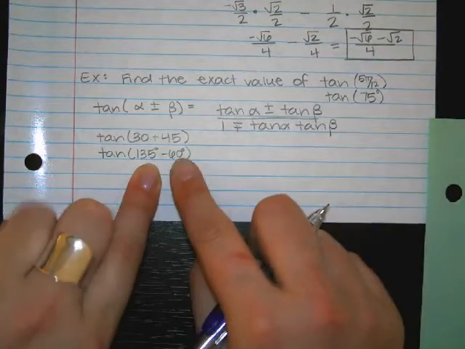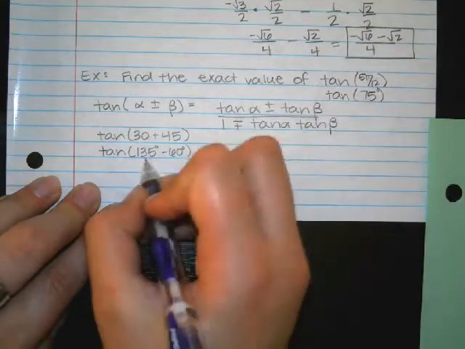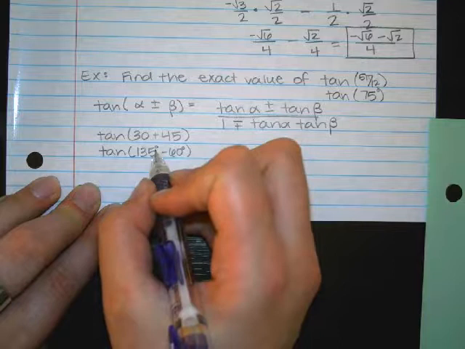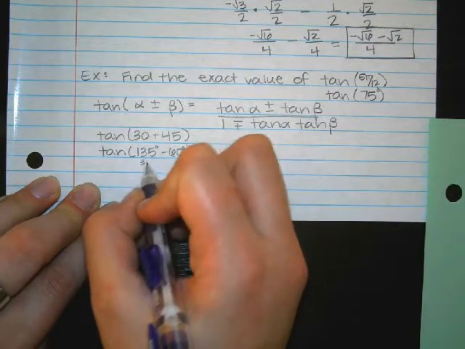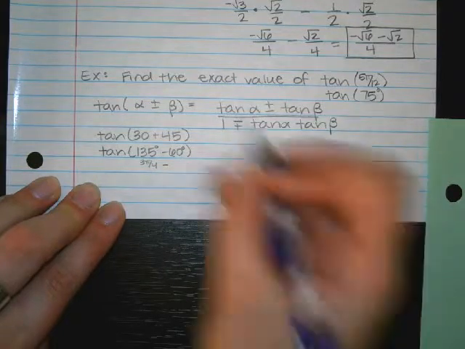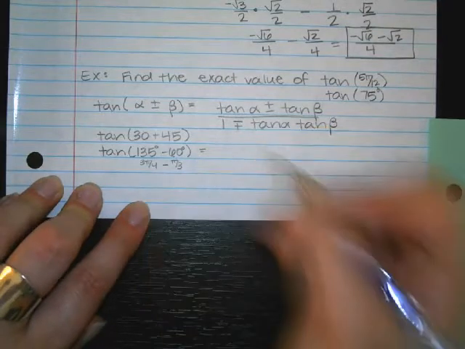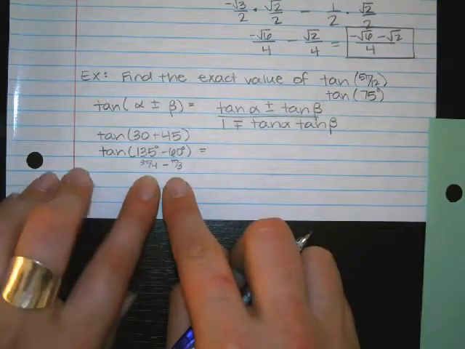Let's go ahead and do this one right here. 135 minus 60. So that is going to be 3 pi fourths minus pi thirds.